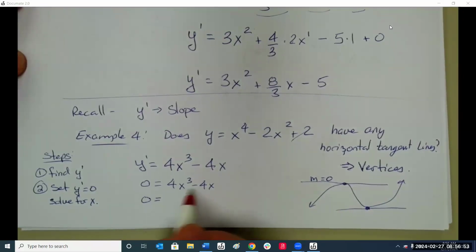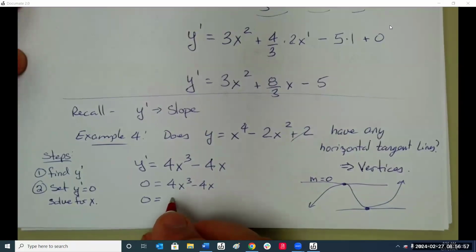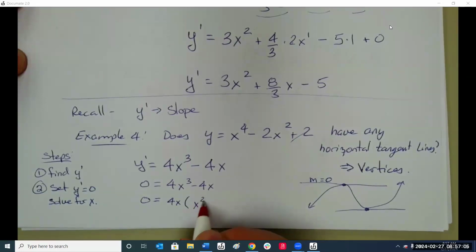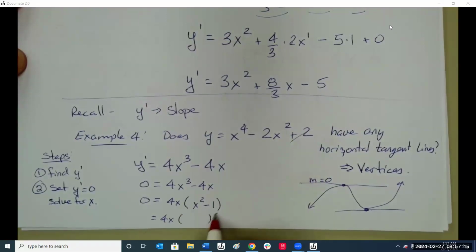Can we factor anything out of the equation? What? 4 and an x, which leaves us with... can we factor this one any further? Obviously, since I put parentheses there. So what is x squared minus 1?